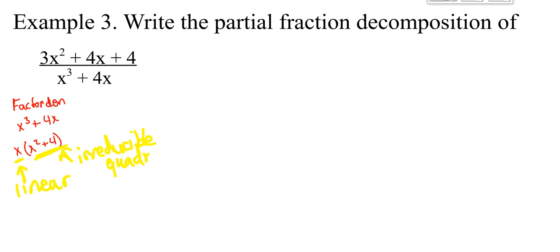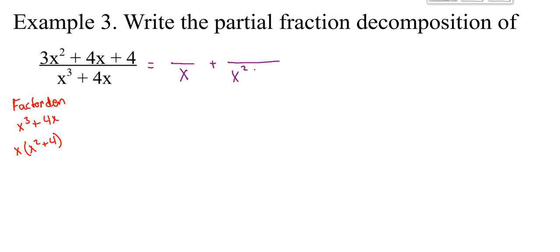When I write my fractions, I'm going to have this factor as one denominator and this factor as the other denominator. So I'm just going to have two fractions there. It's equal to, and I'm just writing my denominators to start with, something over x plus something over x squared plus 4.